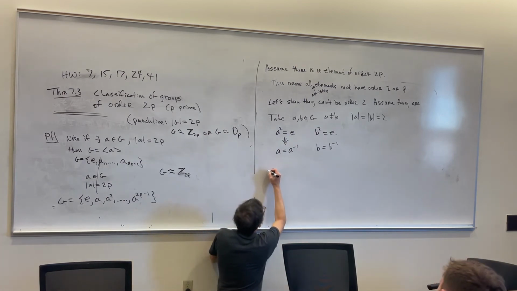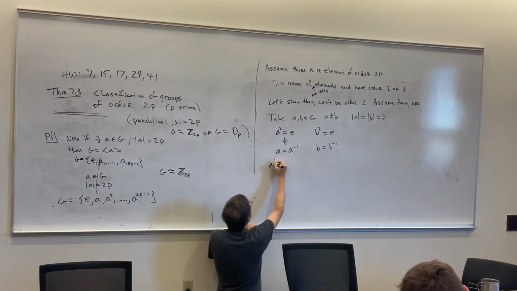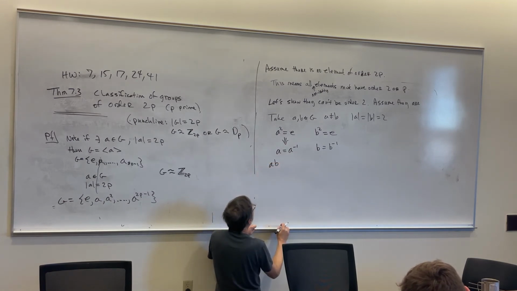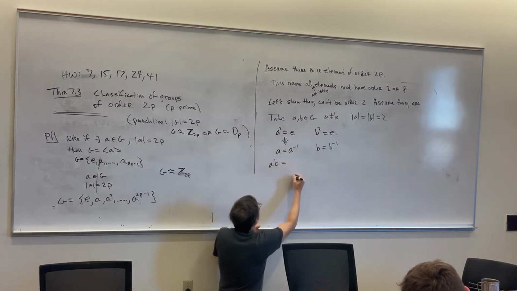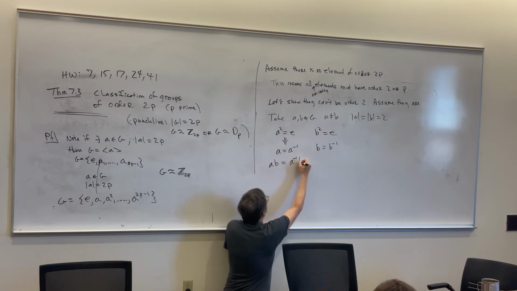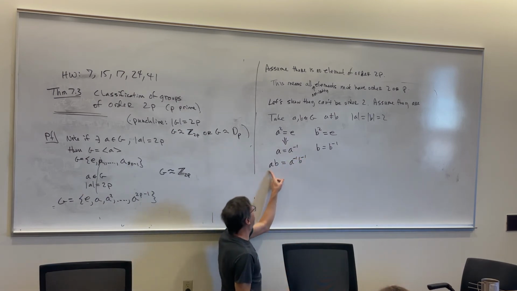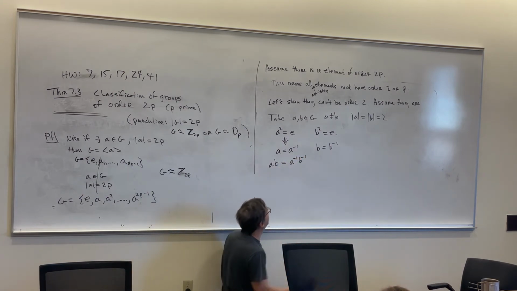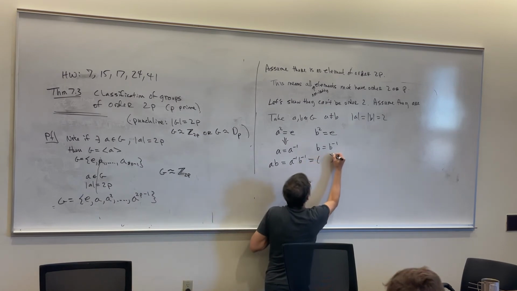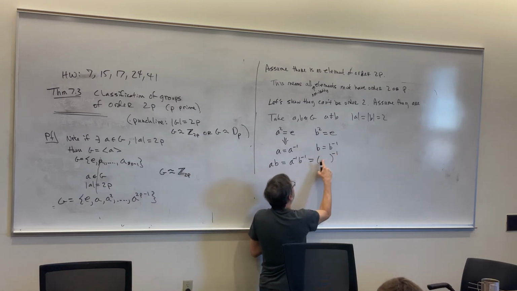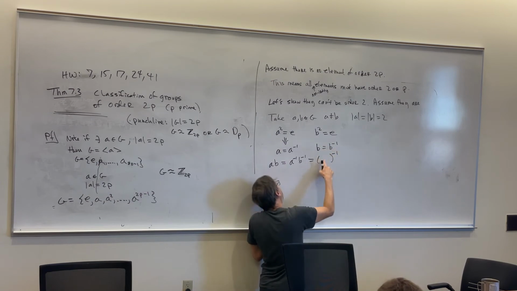Let's look at what AB would be. So AB would equal A inverse times B inverse, because each of these is equal to its own inverse. What is this equal to inside here? If I put the inverse outside, what is inside here?